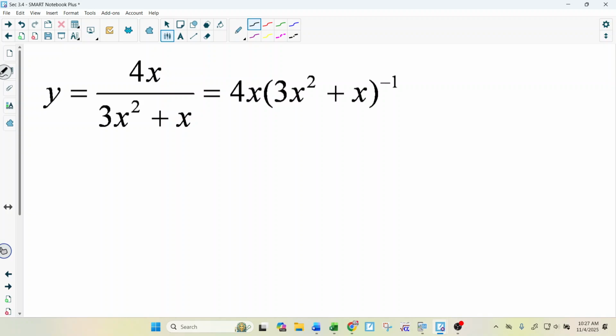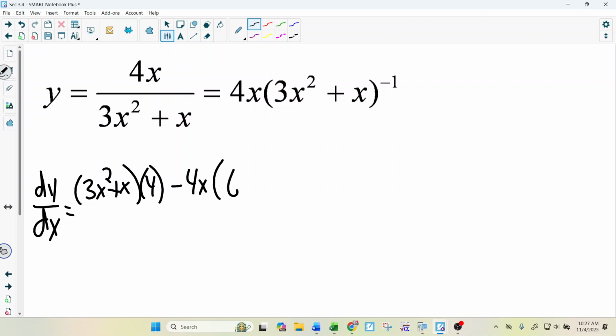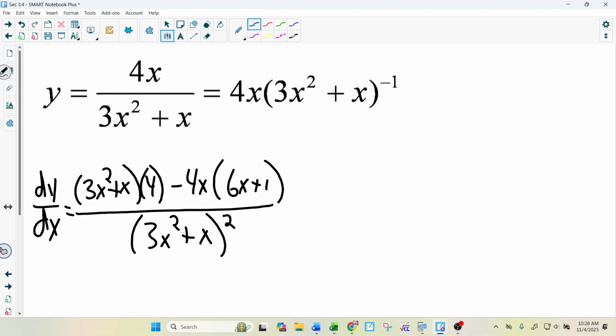So if I did the quotient rule, the quotient rule is down d up, minus up d down, all over down down.